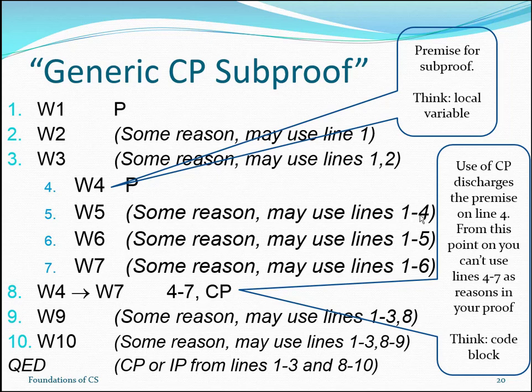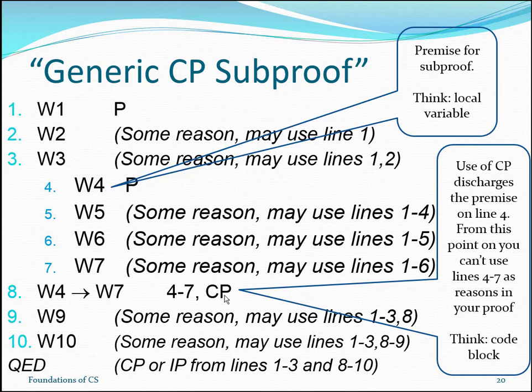So I have my wff here, my premise at the beginning of my subproof, and I have some reasons. And notice how here I'm just telling you what lines you can use in your proof so far, right? So everything's in scope when you get to line 5, and everything's in scope when you get to line 6. Logicians would not talk about scope, so if you're talking to somebody who studies formal logic, I'm not sure they would talk about scope in the same way that we do in computer science, but it helps me to think that lines 1 through 5 are all in scope for me to use here, and lines 1 through 6 are all in scope for me to use here.